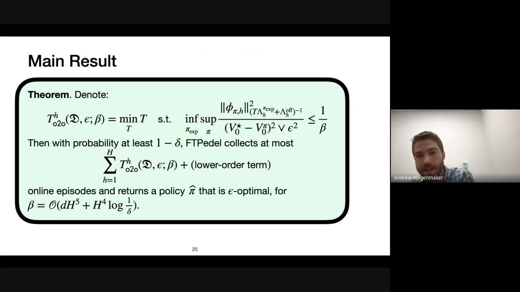If our offline data already has excellent coverage in this direction, then the amount of online data we need in this direction is very little or none. This is somewhat analogous to C star: if the offline data already has really good coverage on the optimal policy, we need almost no online data. We might still have to explore a little in the suboptimal policies, but it scales morally similar to C star.